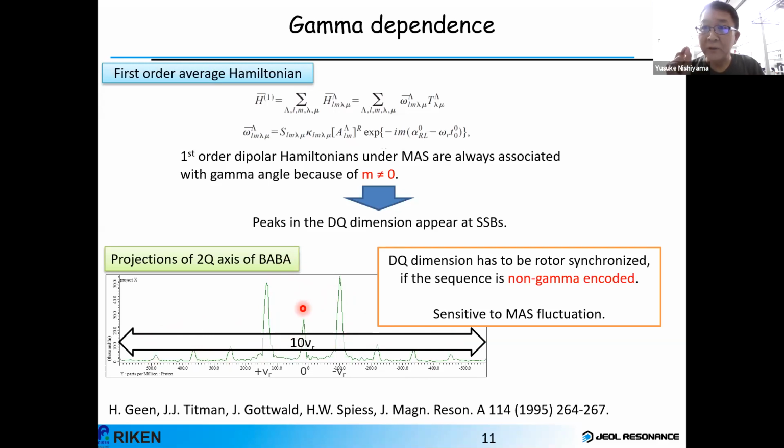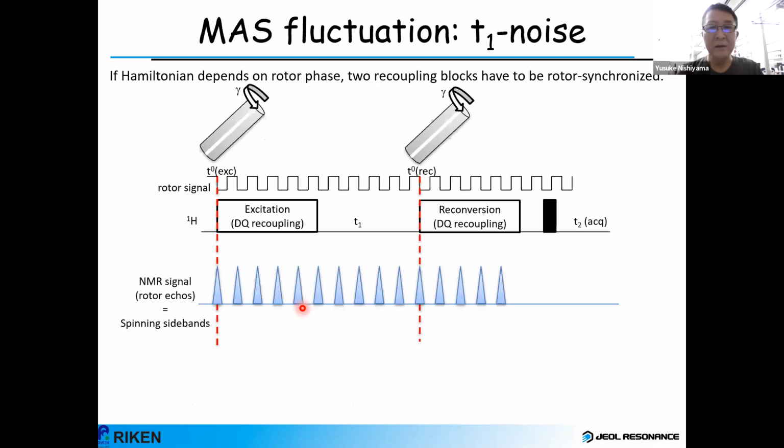But of course, even a small fluctuation introduces a change of peak position, and that gives us intense T1 noise. That's why this sequence is sensitive to MAS fluctuation. Or in other words, we can look at the picture like this. In the time domain, spinning sidebands correspond to multiple rotor echoes at every rotor cycle.